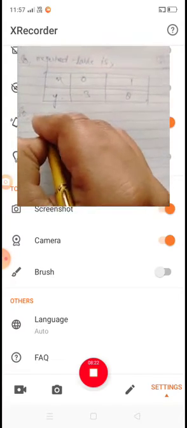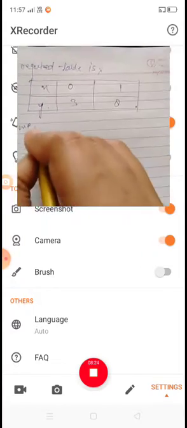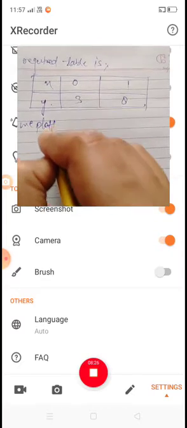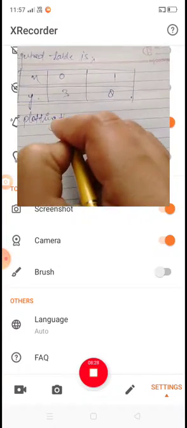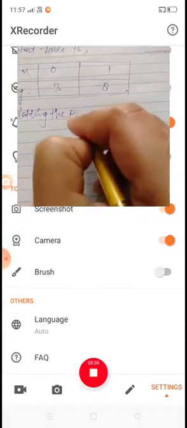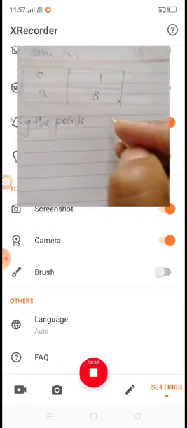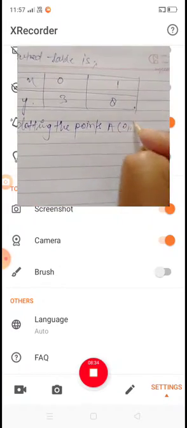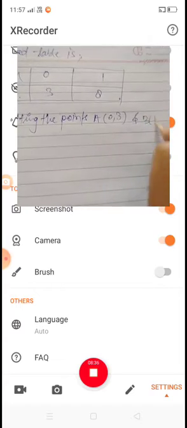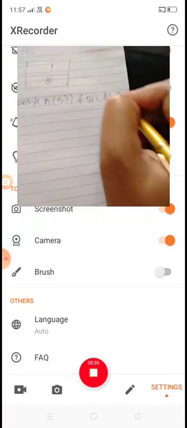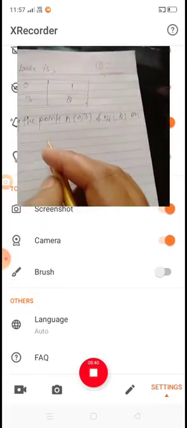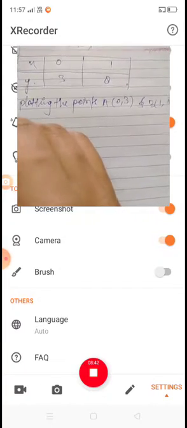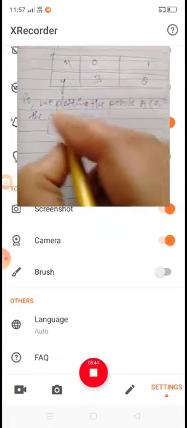So we plot the points A (0, 3) and B (1, 8) on the graph paper.